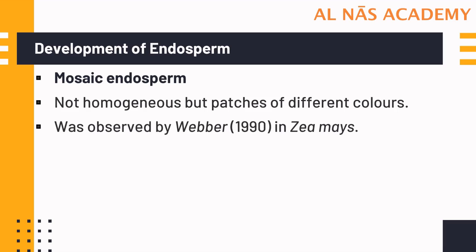It was observed by Weber in 1900 in Xenia maize. One typical example which you can see is maize, where the white and red patches appear irregularly distributed. So endosperm containing tissues of two different types is called Mosaic endosperm, and in plants like corn the endosperm contains patches of two different colors and forms a sort of mosaic pattern. That's the reason why it is called Mosaic endosperm.